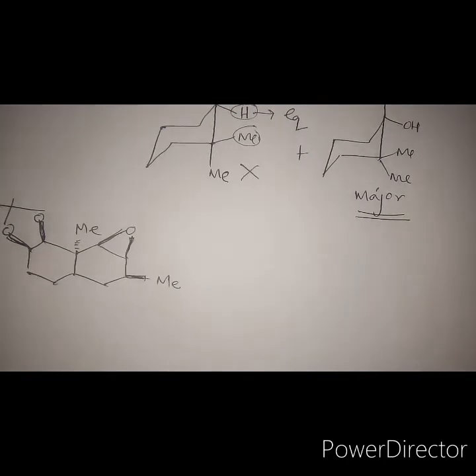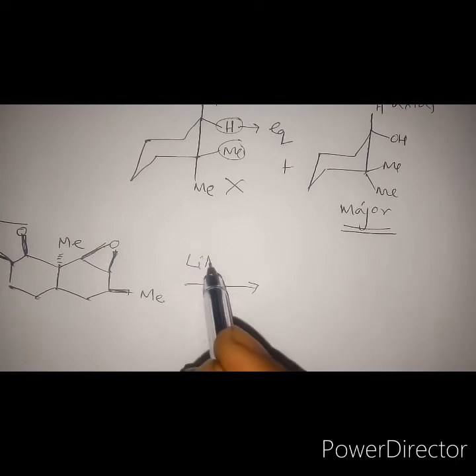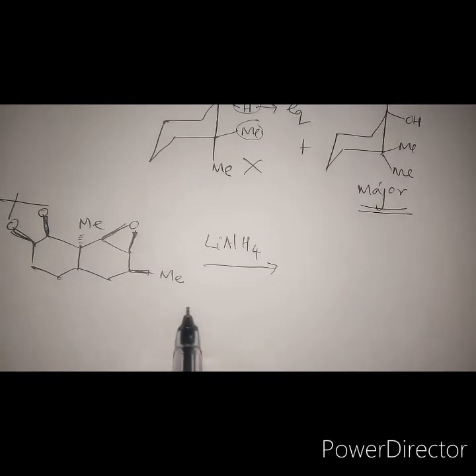This is methyl group. Okay, now we need to look. So this is lithium aluminum hydride. Whether the transfer of the hydride will happen: this epoxide and the methyl group are in the same plane. So if it is in the same plane, the H minus will not be transferred.